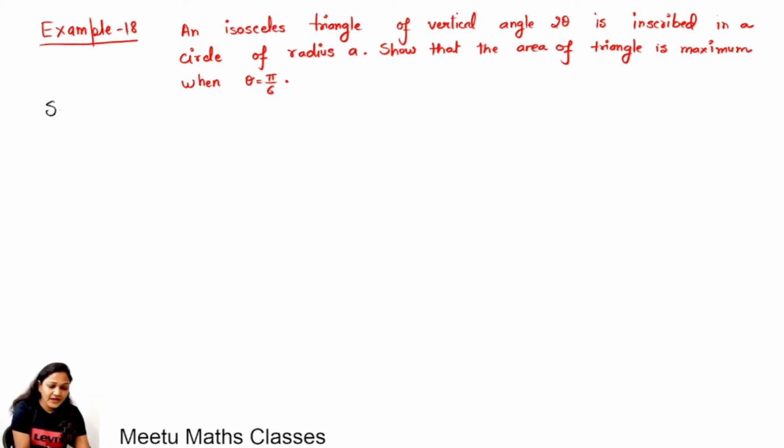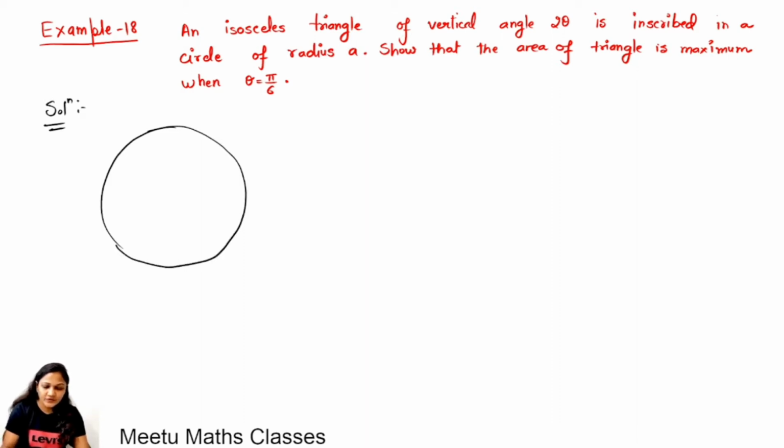So we are given that an isosceles triangle of vertical angle 2 theta is inscribed in a circle of radius a. So let us consider a circle of radius a. Now an isosceles triangle is inscribed in it.